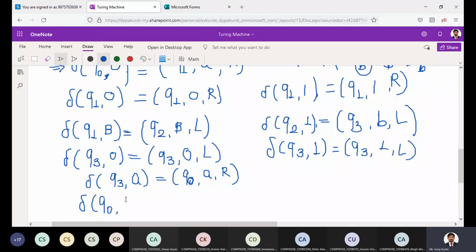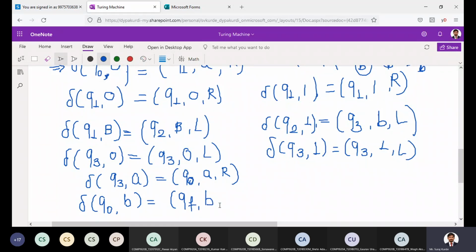But it may read B. If the number of 0s and the number of 1s are matching, then after replacing all 0s with A and the same number of 1s with B, on the right of A it will get small b. In that case, go to the final state.